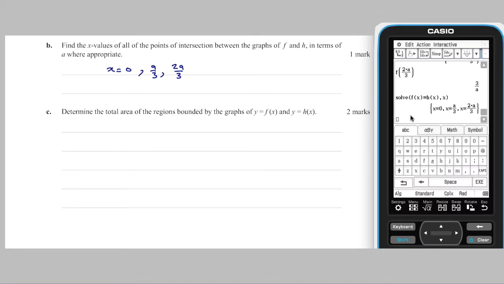Part C. Based on what we know about f of x and h of x, a sketch would look something like this. This is because the graphs intersect at the maxima and minima of f of x, as well as at a point in between. Therefore, the area between the functions is given by the following integral statement.